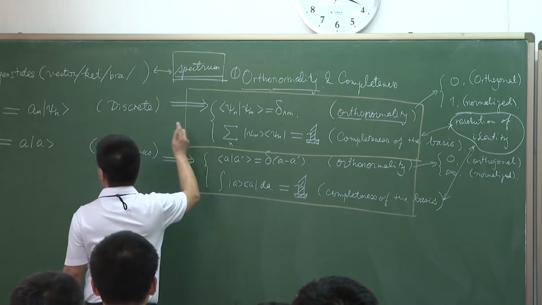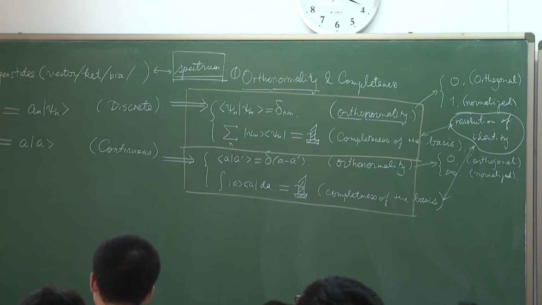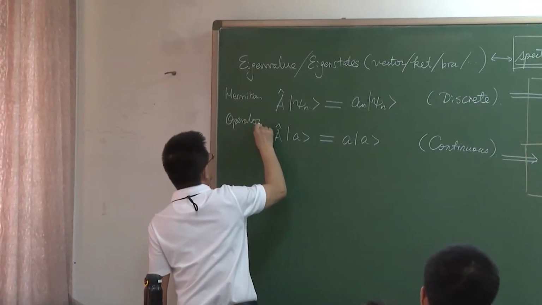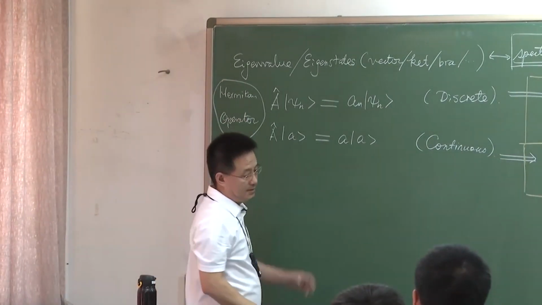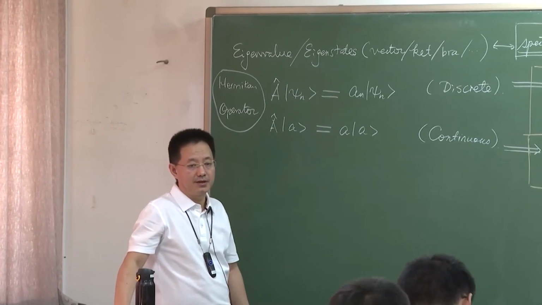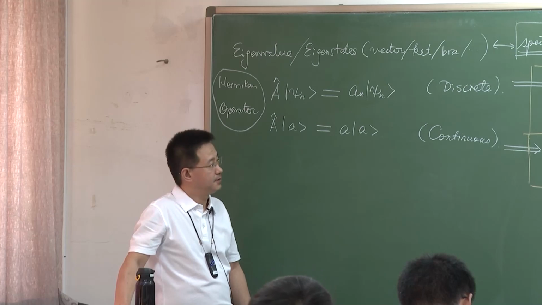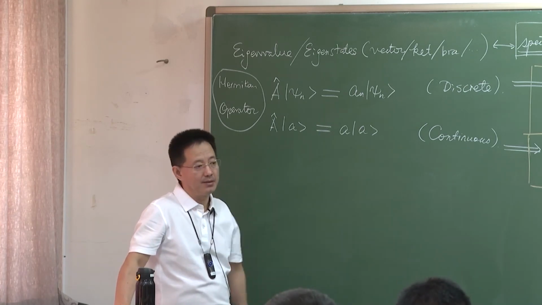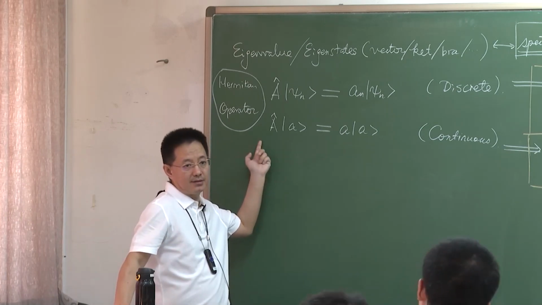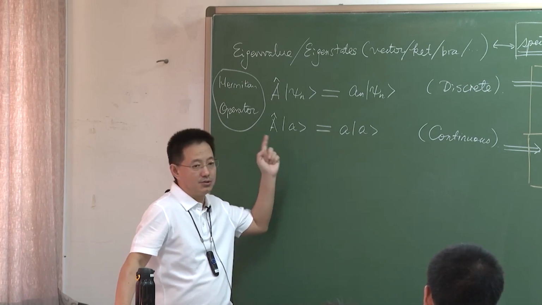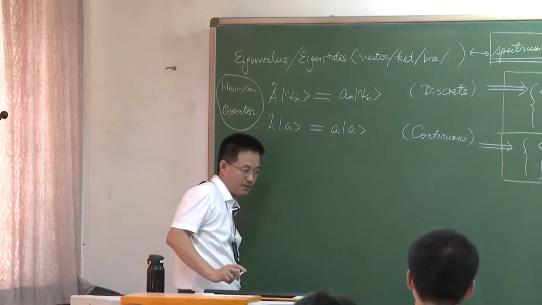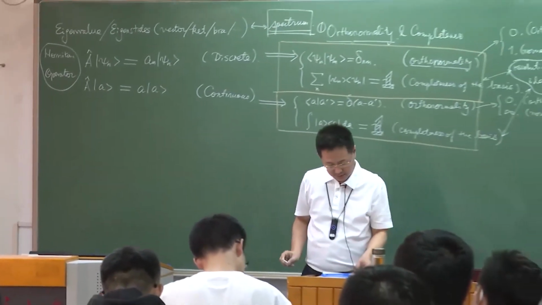So this is for the Hermitian operator. If we have time today, maybe we'll prove some theorems for the eigenvalues and eigenstates of the Hermitian operators. But I would like to emphasize a very important concept here: only the eigenstates of the Hermitian operators can be used to be the basis, not the other operators. Okay, that's what I want to say.